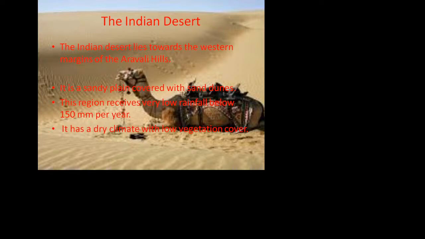Its undulating surface is composed of sand dunes separated by sandy plains and low barren hills. Several saline lakes are found here, covering around 2 lakh square kilometers.